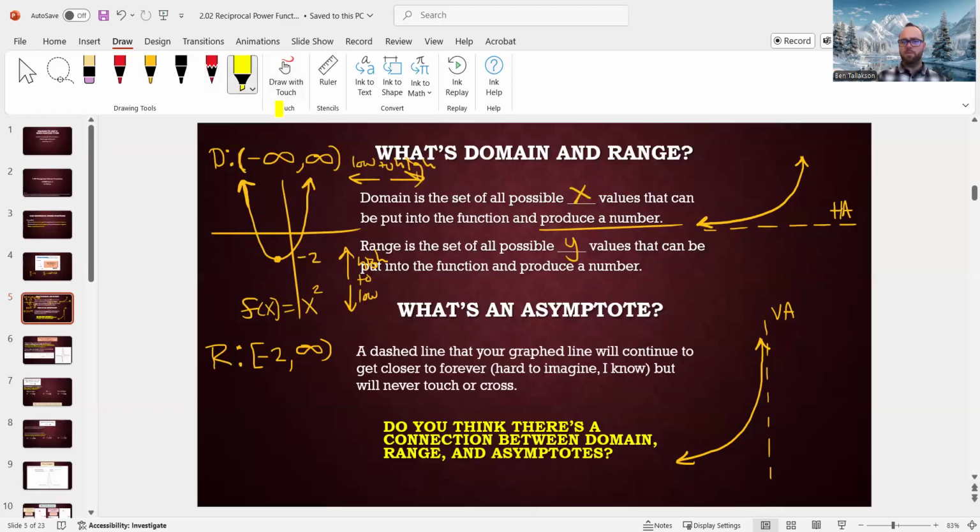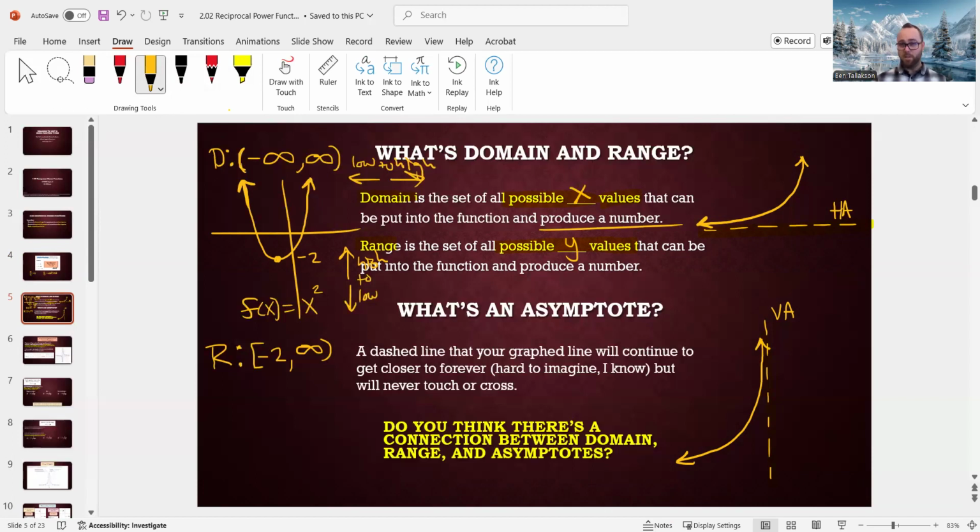Okay, well, if domain tells us all of the possible x values and range tells us all the possible y values, but asymptotes are telling us there's boundaries, does that set limits to our domain and range?